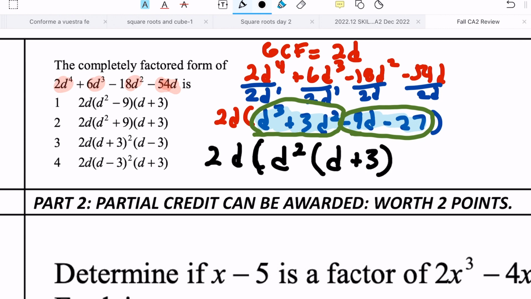And on the other one, I can see that I can factor a negative 9, and that's going to become d plus 3. So now I see that both of them have a d plus 3.